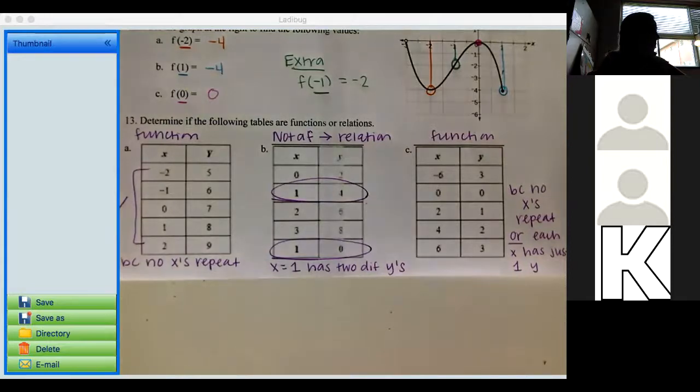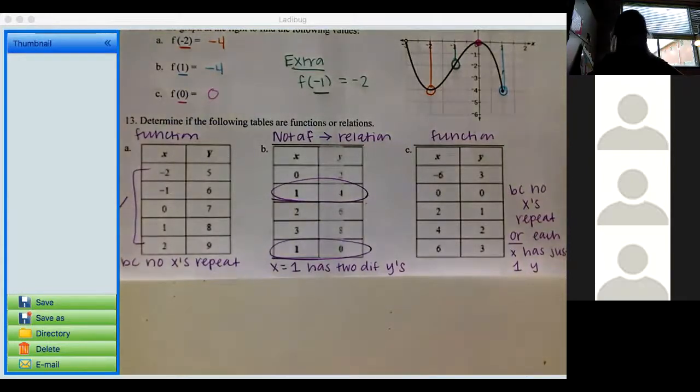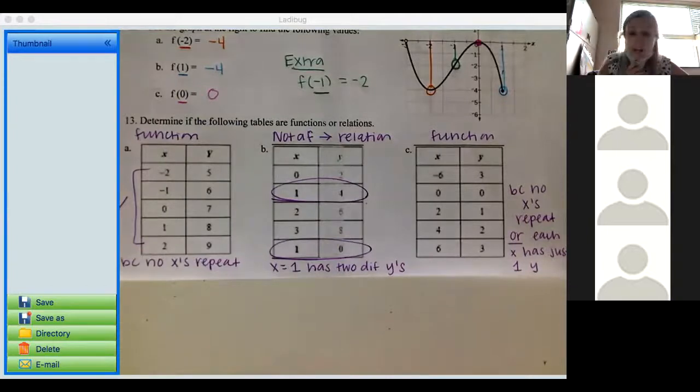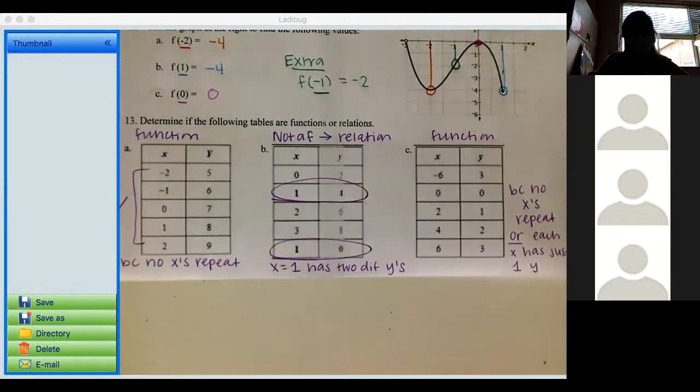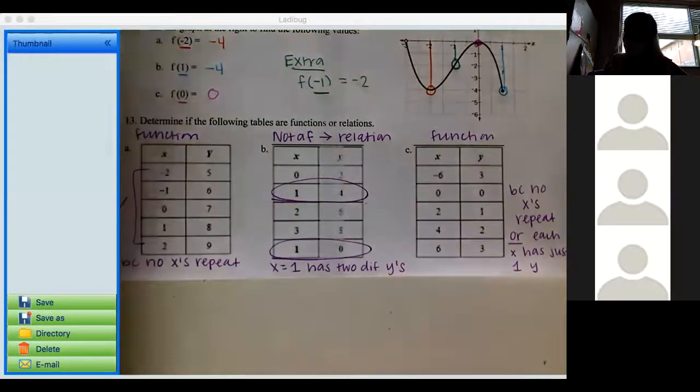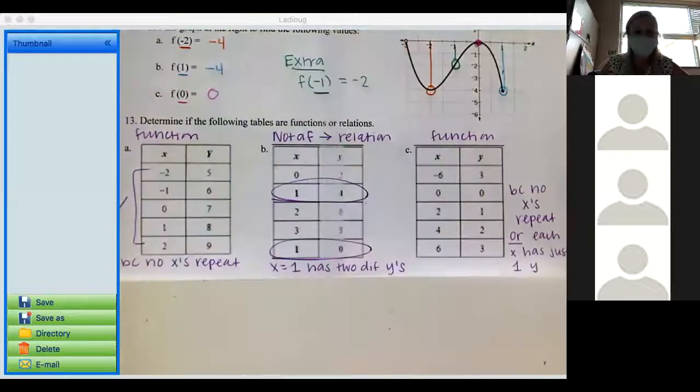So it can have the same number as long as one is positive and one is negative, because those aren't the same. -2 is not the same as +2. Very good question, Jordan. These did not say to explain, but I just explained it for y'all to help you study, okay?